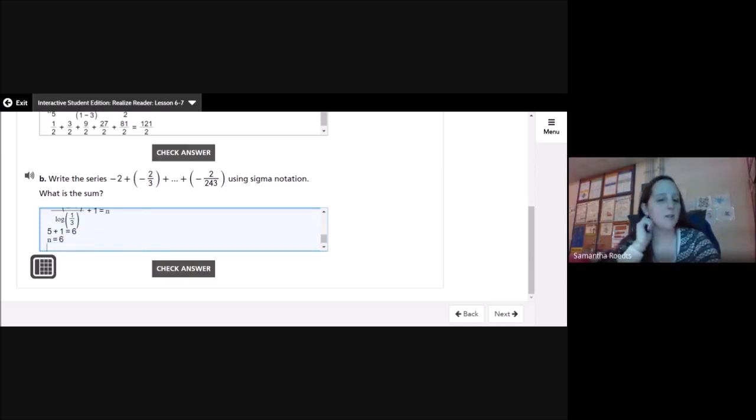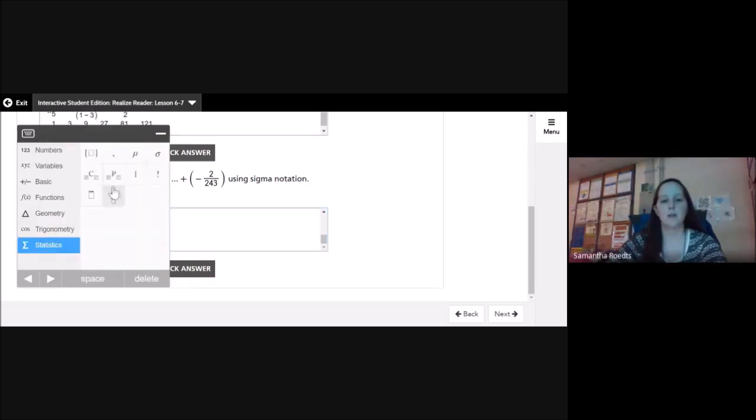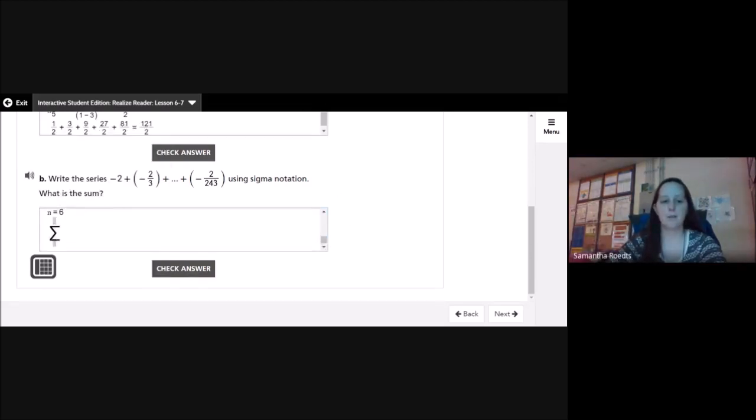I need to figure that out so I can figure out my sigma notation. All right, so now sigma notation is going to give me the sum from n equals 1 to 6 of -2 times 1/3 to the n minus 1. Okay.